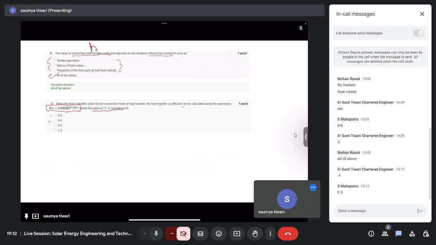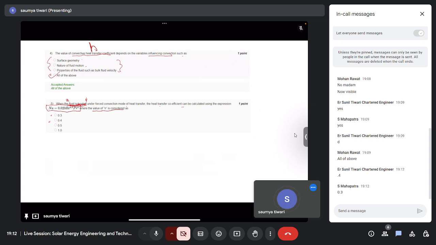If we read this question carefully, what is described in this question is when the fluid is heated. So this is the key point that you have to focus on. Fluid is heated under forced convection mode of heat transfer.